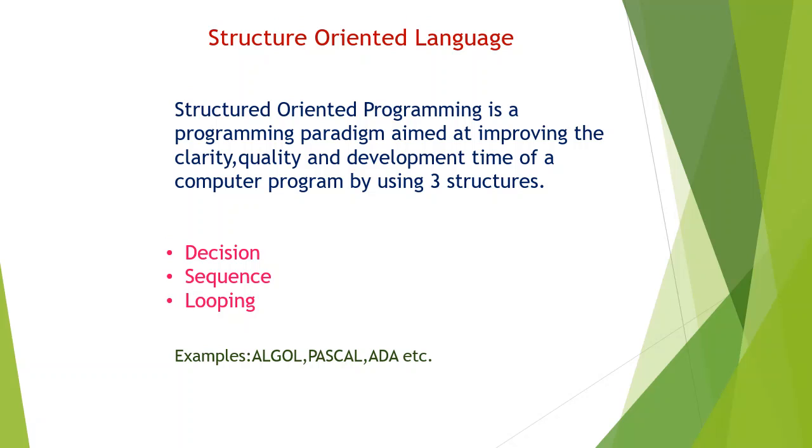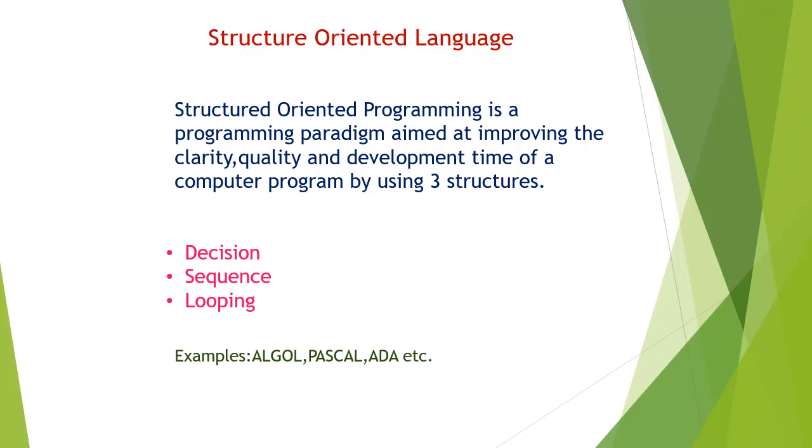What is a decision control structure? For example, if you want to find whether a person is eligible to vote or not, in that case, what will you check? His age, right? If his age is greater than 18, then that person is eligible to vote.